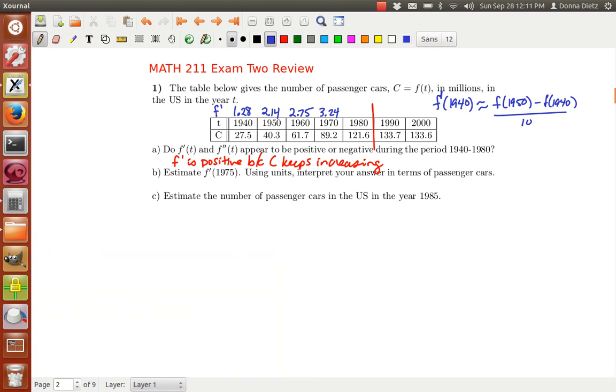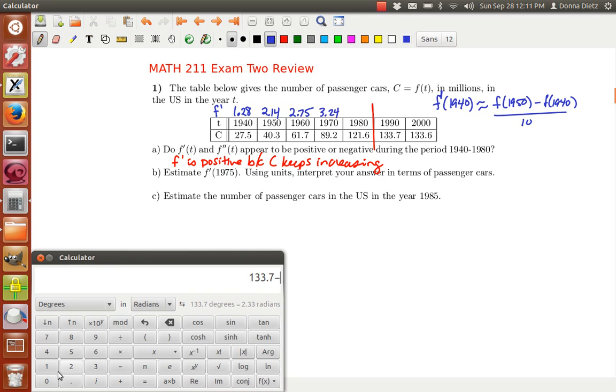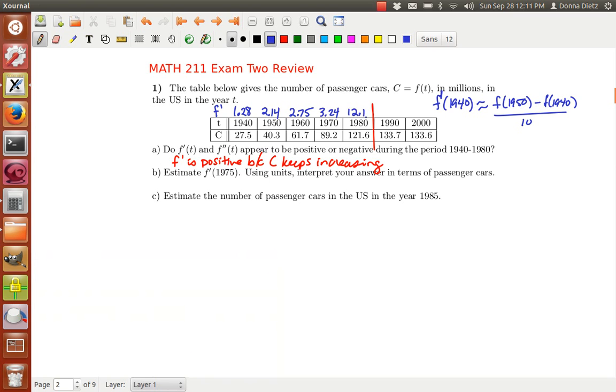Okay, and so, well, I mean, I can do the next one too. I can say 133.7 minus 121.6. That seems pretty big. Okay, but that's what it is.